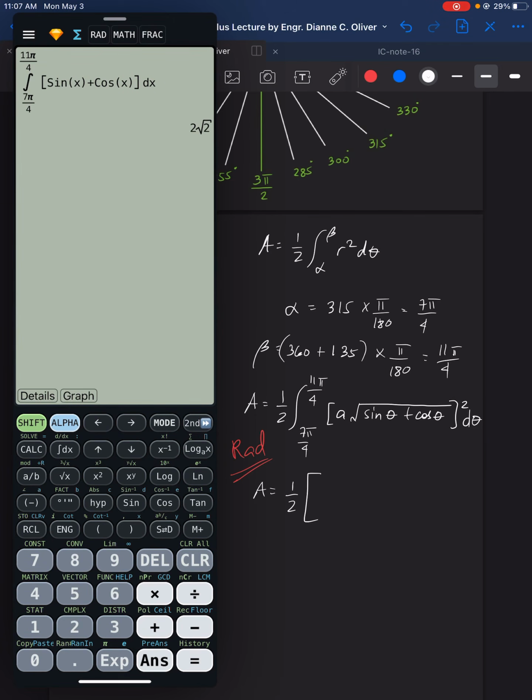So the answer is 2 square root of 2, or that is 2.828. So area now is equal to square root of 2 a squared square units, or that is 2.828 a squared square units.